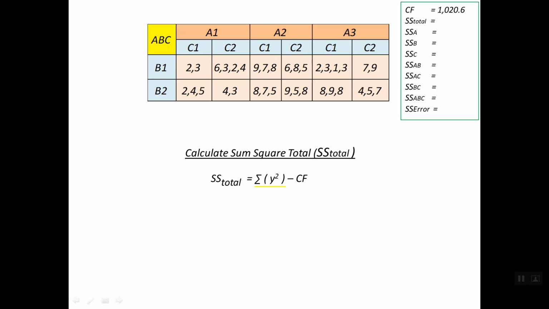So what is needed to calculate the SS total? Simply we need to square all of these 35 observations and make the summation. Then we subtract from it the correction factor. The summation of the squared observations.